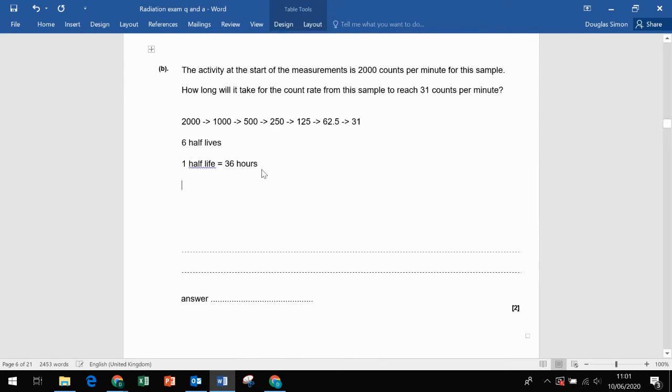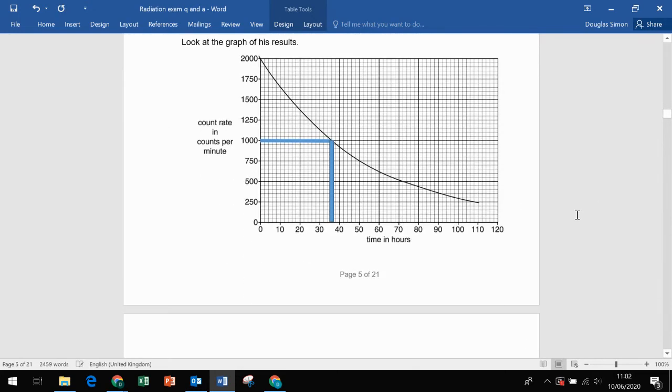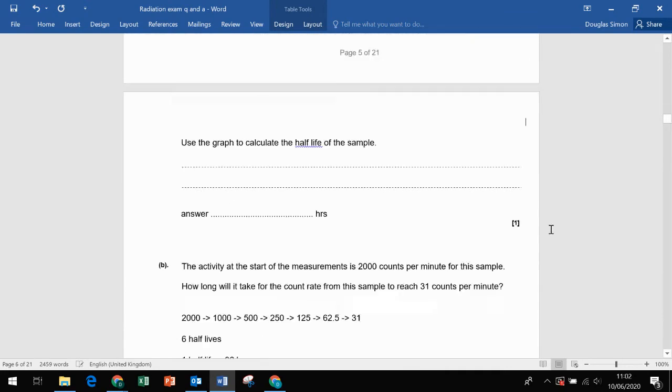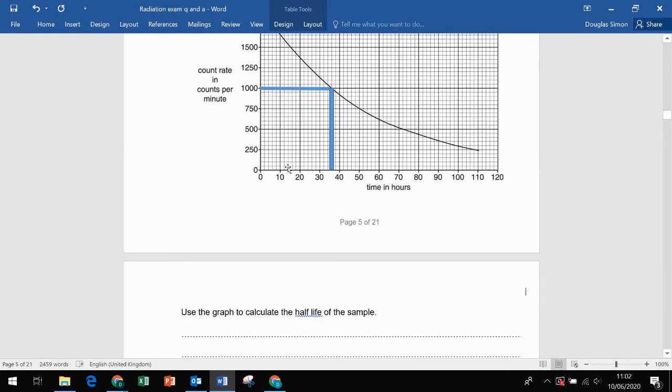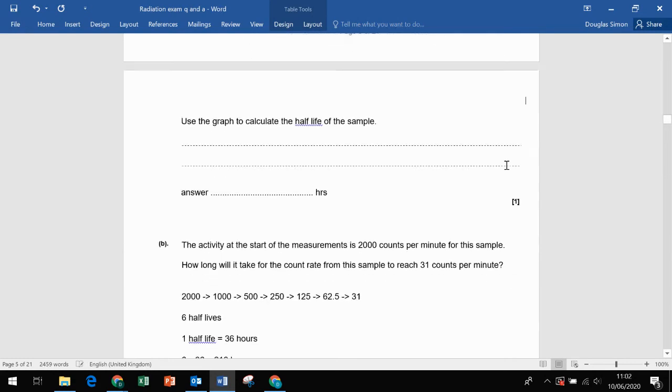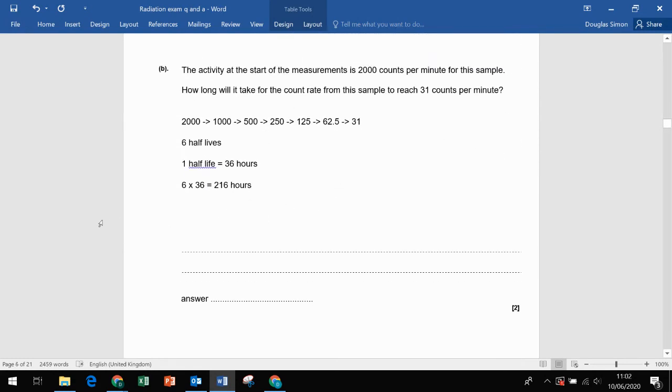So how long is 6 half-lives? Well, it's 6 times 36, which is 216 hours. Now you can't look at the graph because it's obviously far too low down here, so you have to do it mathematically like this, right? But it's super easy.